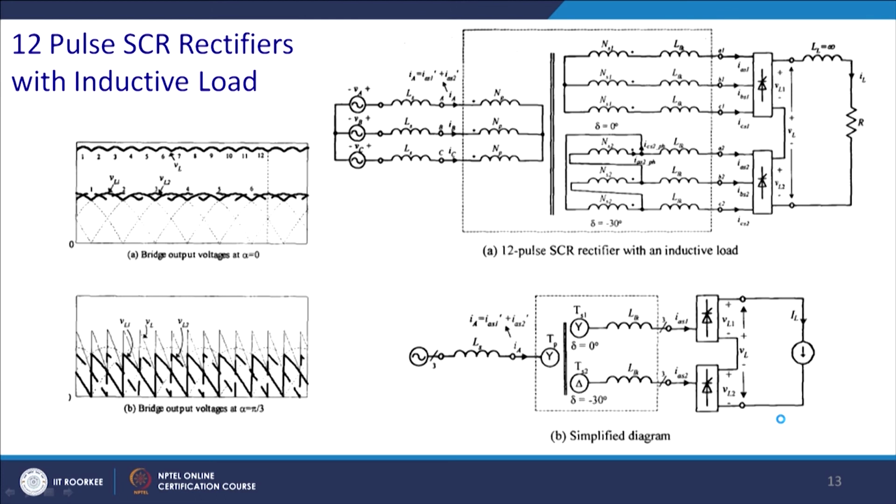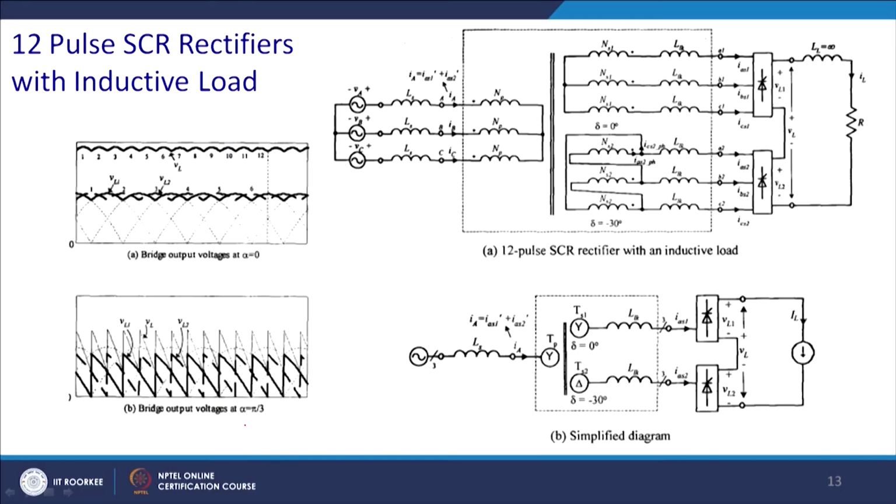Now, what happens? You have a 12 pulse converter and you are feeding a highly inductive load. Then what will happen, you will see that this is for alpha equal to 30 degree, phase shifted by 30 degree, and this is for alpha equal to 0, and ultimately in the voltage, they will all have a phase shift.